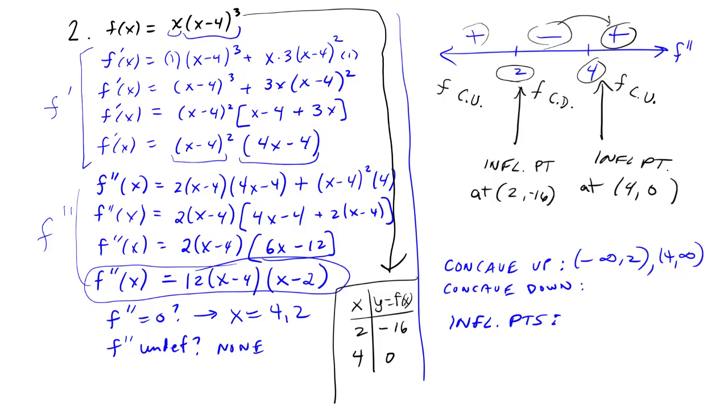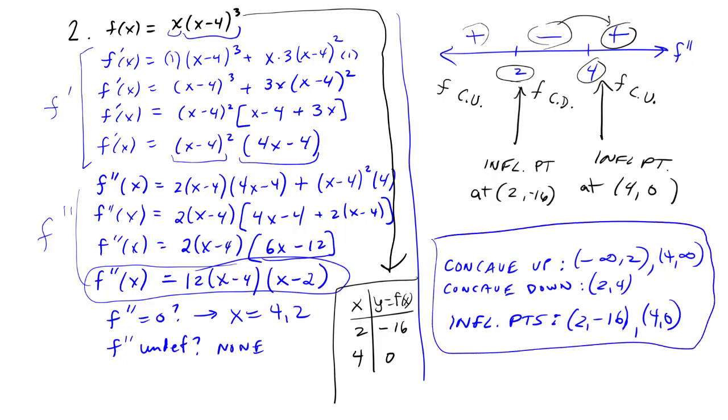It was concave down on (2, 4), and we had inflection points at (2, negative 16) and (4, 0). That's it. There's the information I was looking for.